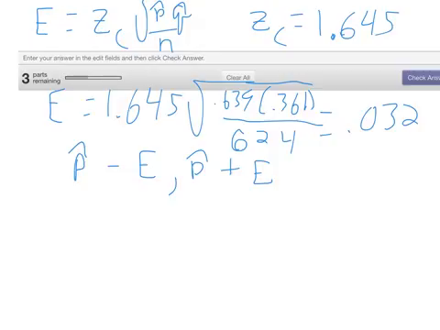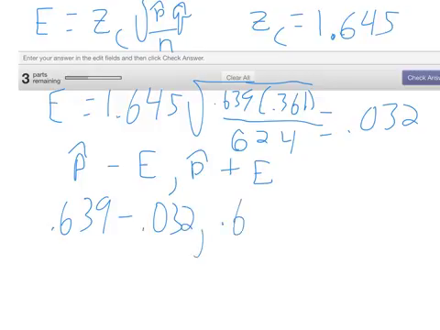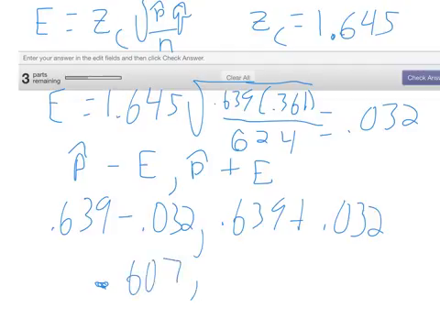So it's going to be 0.639 minus the margin of error, comma, 0.639 plus the margin of error. If you put that in your calculator, what do we come up with? It's 0.607 to 0.671 would be the confidence interval.